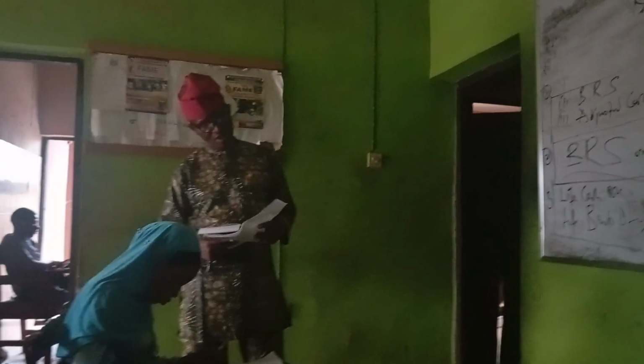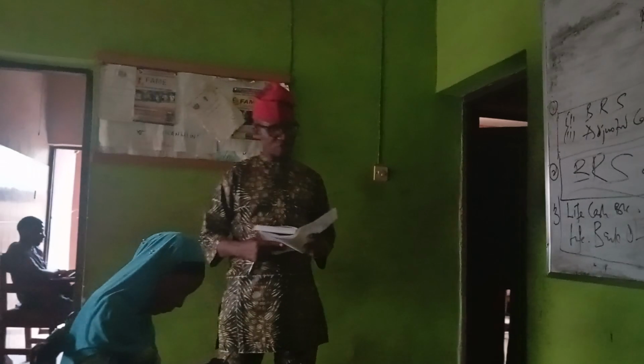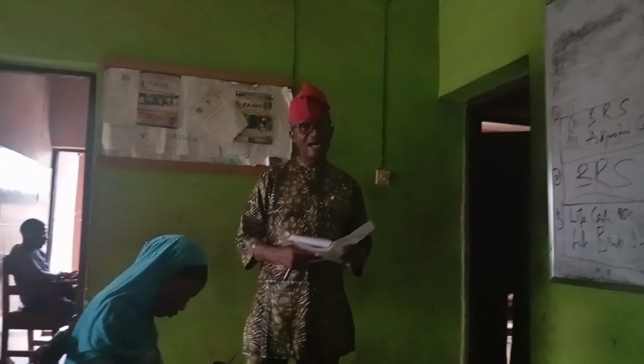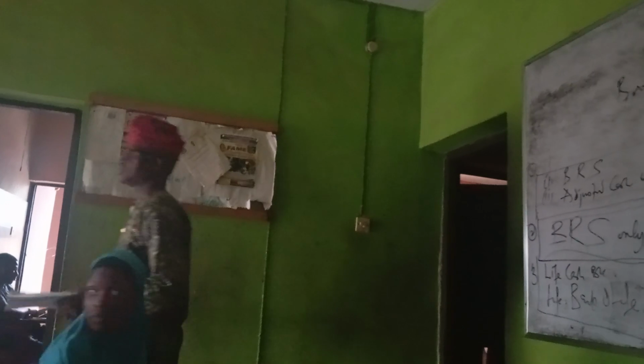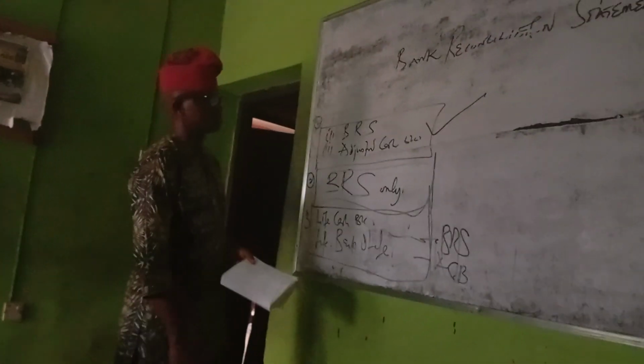That is 1. 2. Prepare the adjusted cash book and bank reconciliation statement. But I will be answering the second one, preparing the adjusted cash book and the bank reconciliation statement.